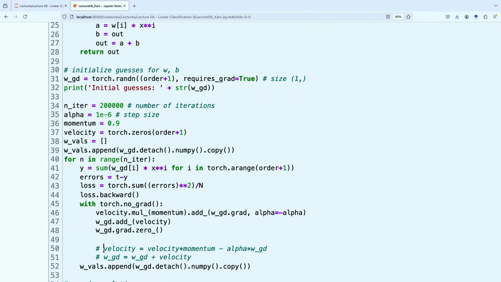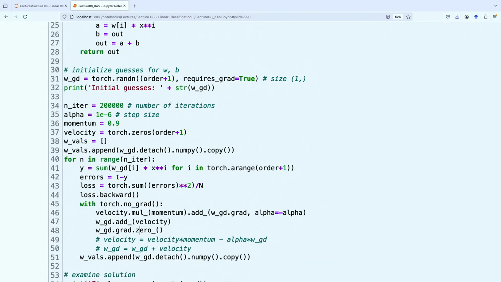So when you want to actually update a particular value with the gradients over a for loop, you have to use all in-place operations, which is why I used all in-place operations here. A little annoying, but that is why you have to do that.